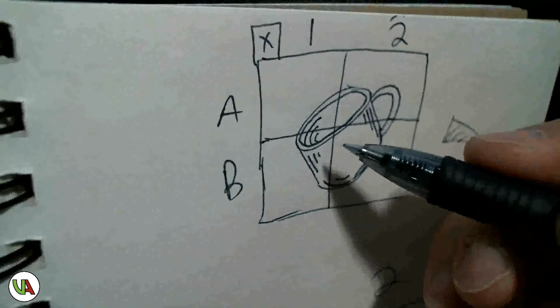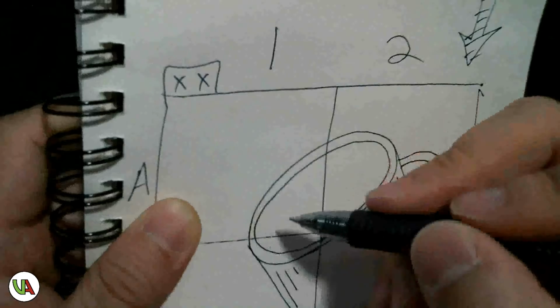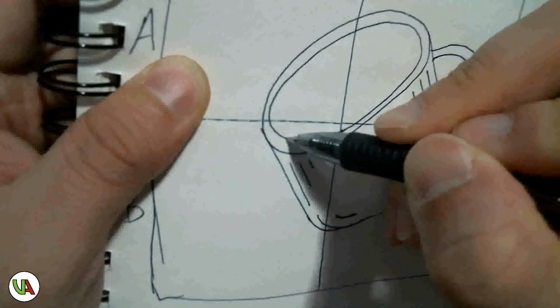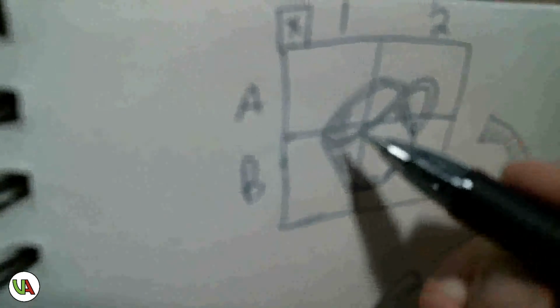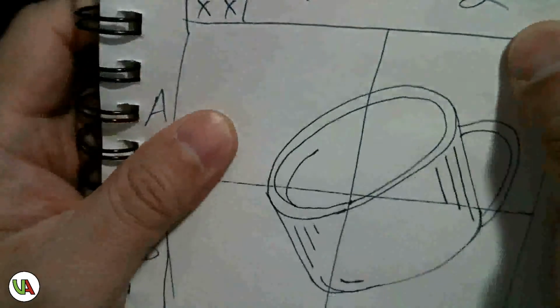And then now let's draw these 3 curved lines inside here. Start from here, and then the next one, the second one. Okay, second and third one.